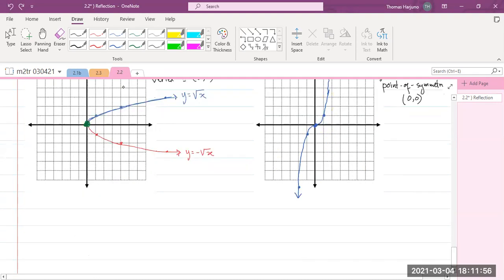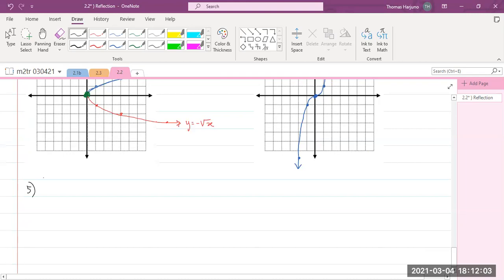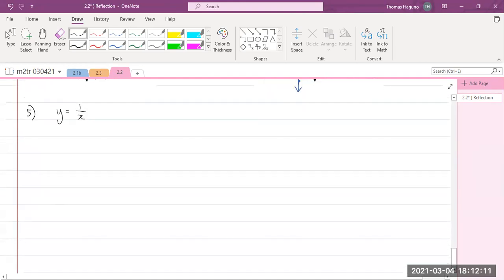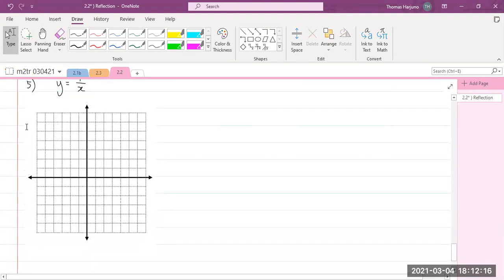The fifth one. Y equals 1 over x. The graph looks like, let me rescale this, okay?